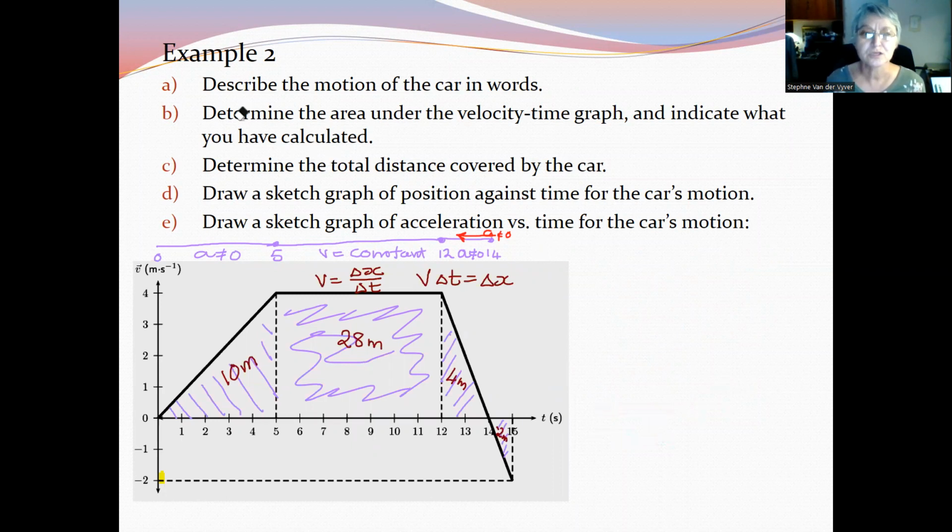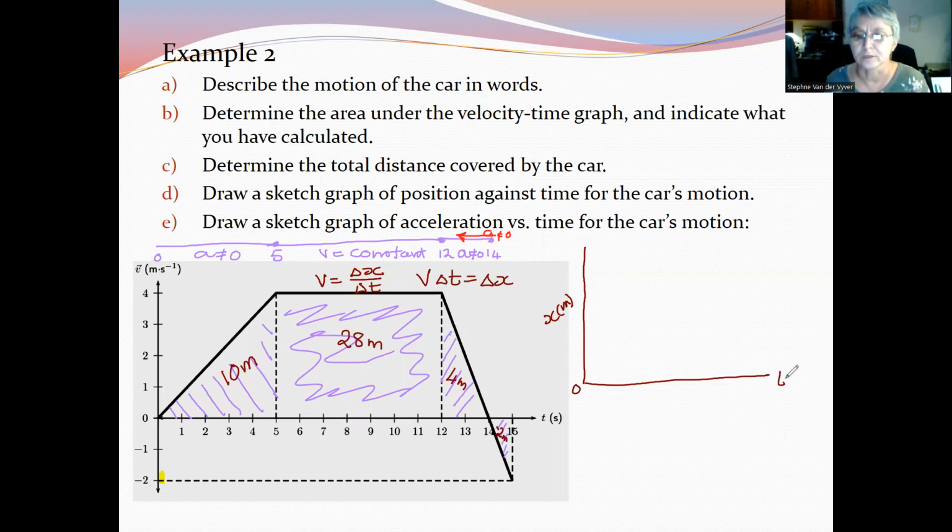So the position time graph would be a sketch graph, x in meters. Now here, because we have the different values of time and displacement, we could fill it in.